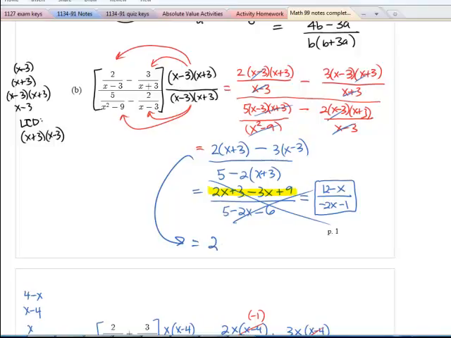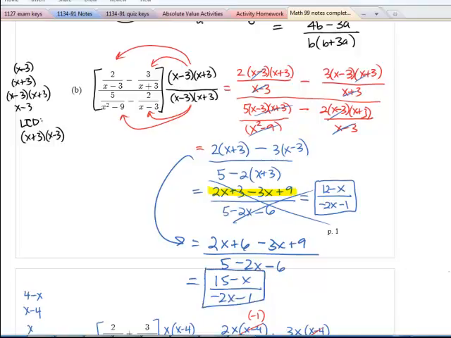So instead this should have been 2x plus 6 minus 3x plus 9 over 5 minus 2x minus 6, which instead of the answer I had before, we've got, it looks like 15 minus x over negative 1 minus 2x, or negative 2x minus 1. So there's the correct version of that one.